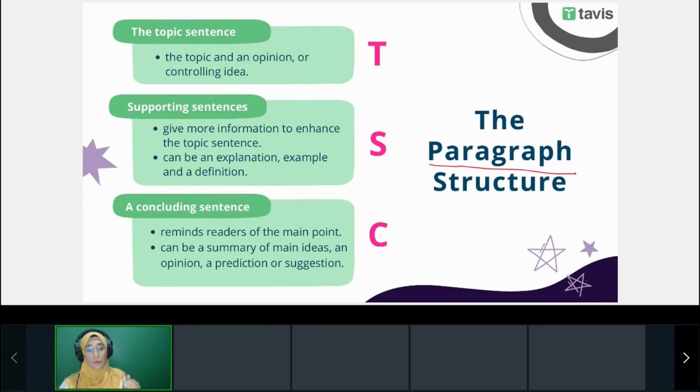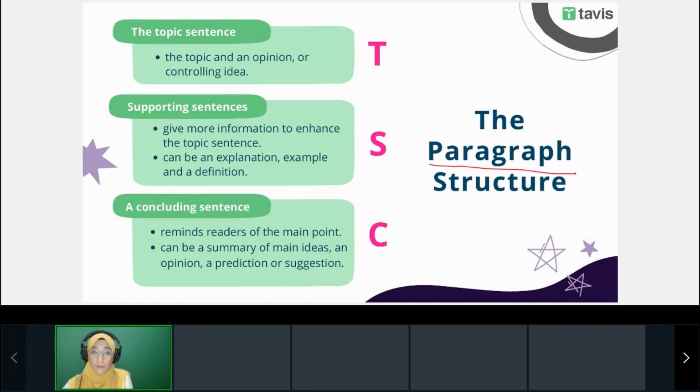Then only you can score really well on your organization and also your communicative achievement. All right. So in order for you to score high, which is a 5, you need to try and think of how to introduce the whole topic. So in the first paragraph, which is the introduction, you need to have a topic sentence.